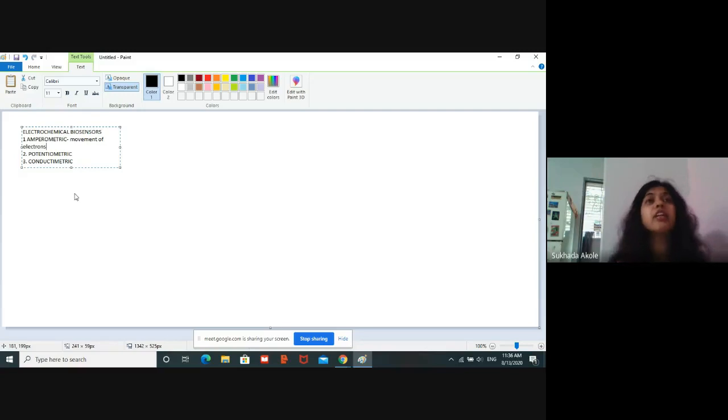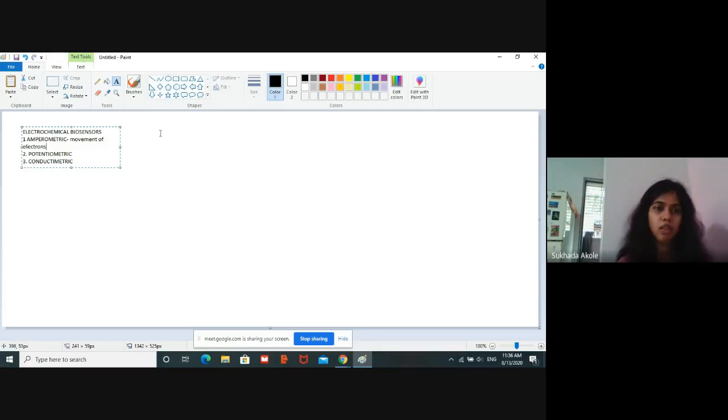For example, determination of blood glucose levels is also an example of an amperometric biosensor. So let us look at what actually is happening in case of amperometric biosensors. So I have a biosensor. किधर गया?